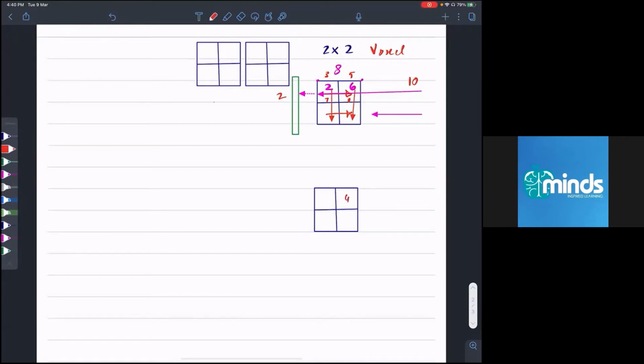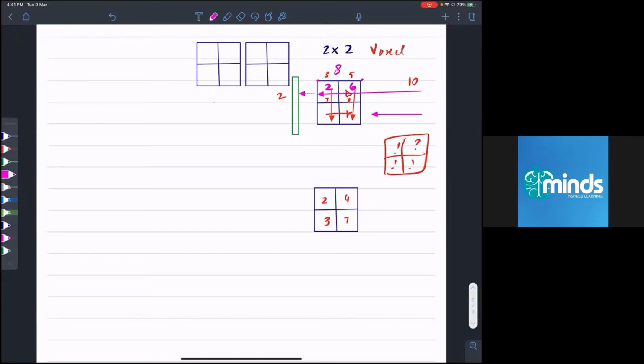Let's say I write 4, I write 2, I write 3, and I write 7. I have put these values. The computer won't have these values, because after performing all the operations, I will end up with this exactly. What the computer sees is a blank voxel. The computer doesn't know what is written in these spaces. This is what I am telling you, that it is 2, 4, 3, and 7.